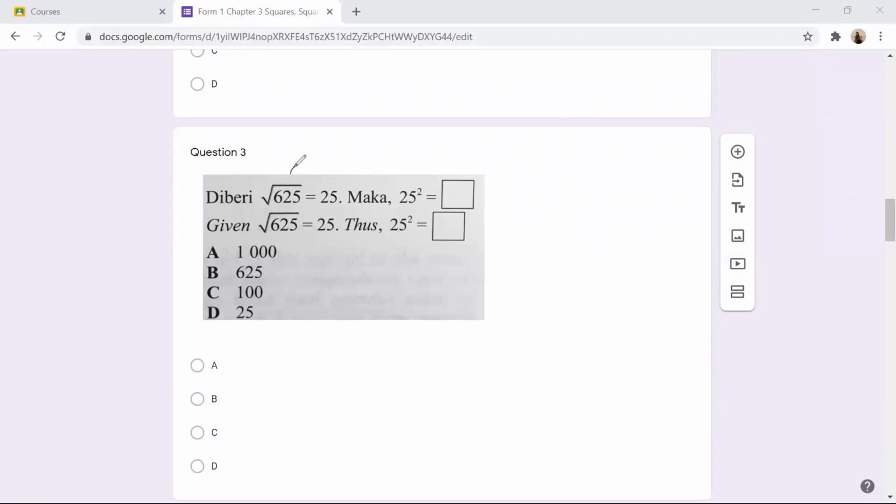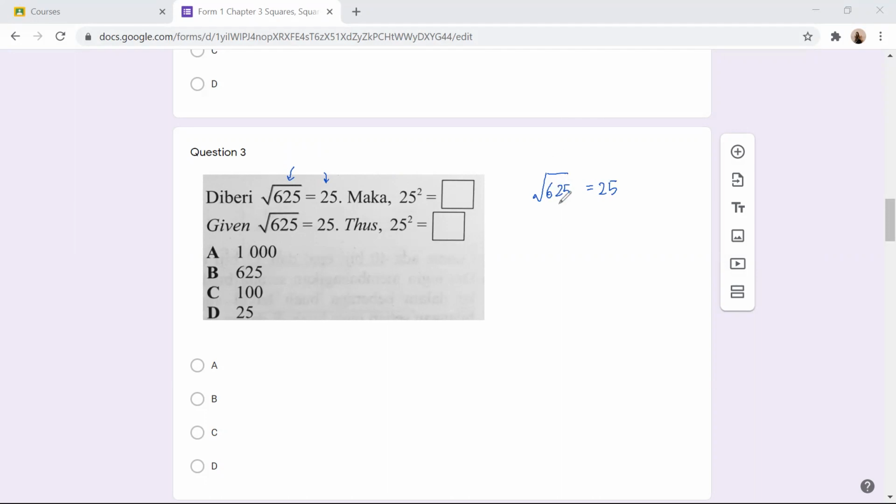So from here, we can apply the relationship between the square and square root, because the square root is the reverse of square.